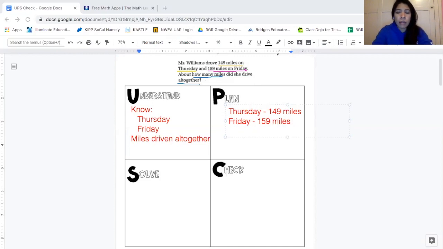Now it says, how many miles did she drive altogether? I want to make sure I understand what altogether means. I know that's a key word, but what exactly does that mean? Altogether means I'm going to be adding. My operation is going to be addition. So I know I'm solving for the amount of miles driven altogether. And like I told you, my number line strategy is what I'm going to be using to solve this problem.